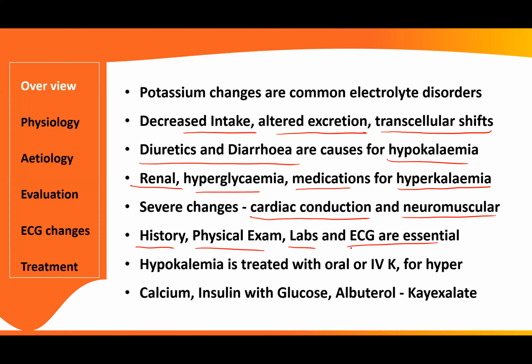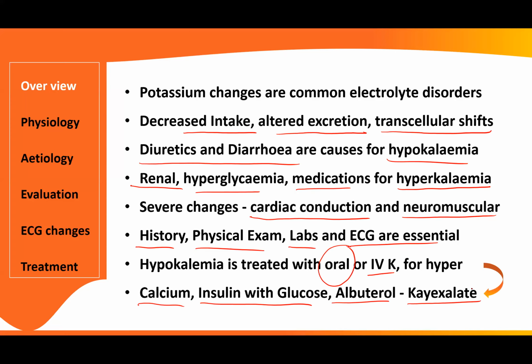Hypokalemia is treated usually with oral and, if necessary, only then with IV potassium. And hyperkalemia, we need to treat with calcium, insulin with glucose, albuterol, and potassium binding resin. So this is for the hyperkalemia.